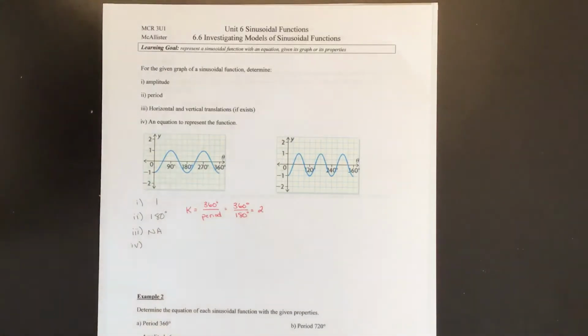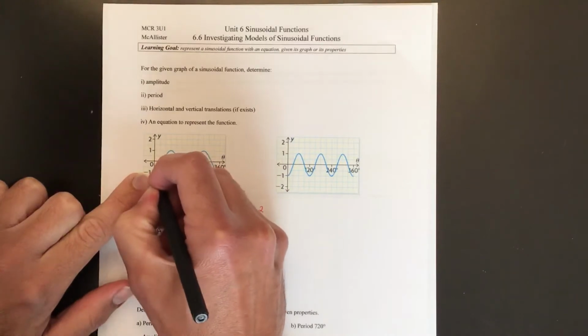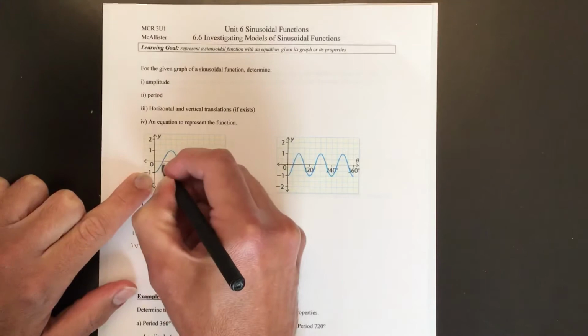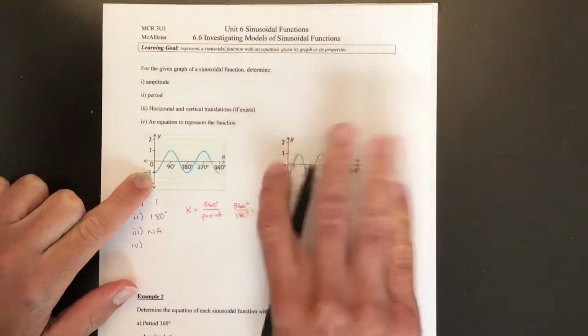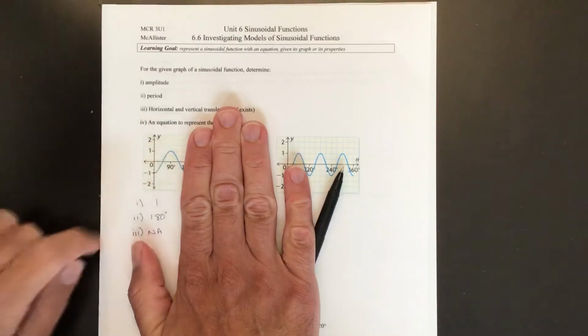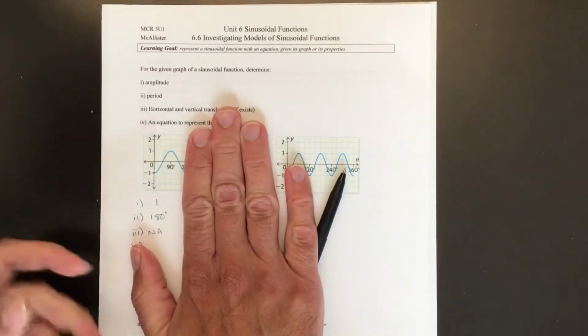Now, the next important thing is to determine whether it's a sine curve or a cos curve. So you start at the y-axis. Here at the y-axis, I'm at a minimum point. I'm at the bottom. Then I go up to a maximum and then back down to a minimum. So if I cover the rest of this up, this graph is a negative cos curve. Negative because it's been reflected.